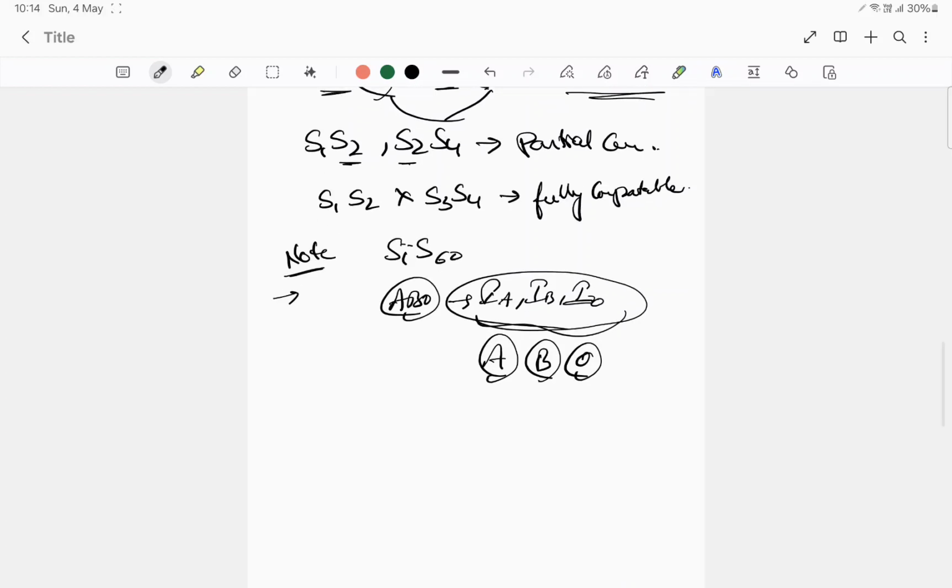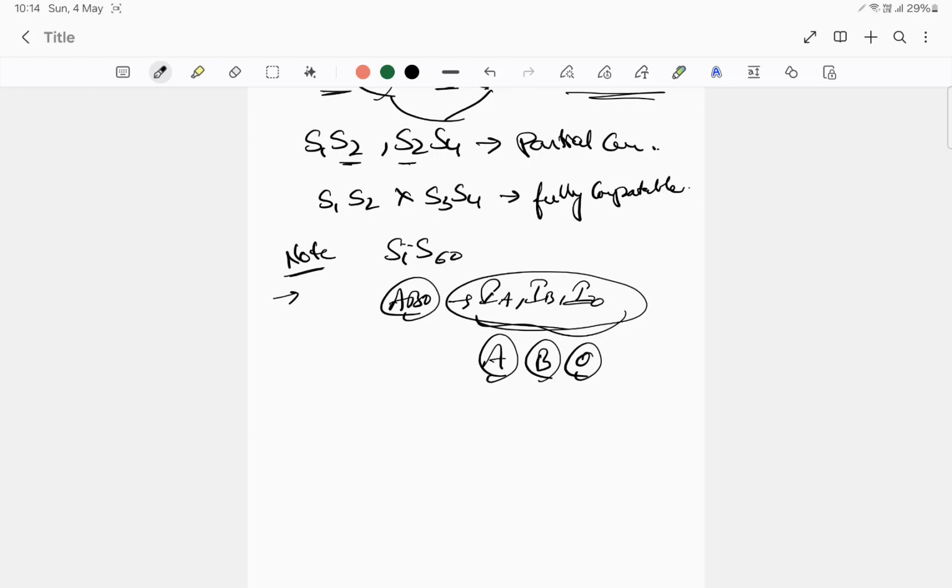The next point you have to remember is there is no crossing over in a multiple allele series. For example, the wild type is always dominant over the mutant type, right?